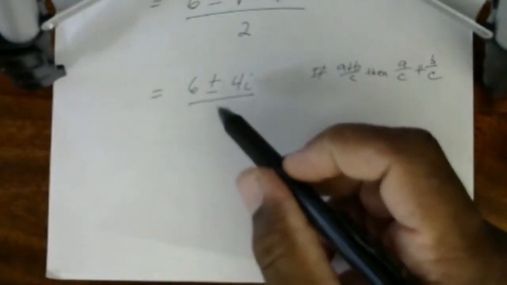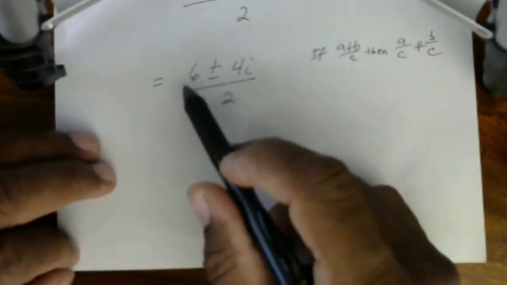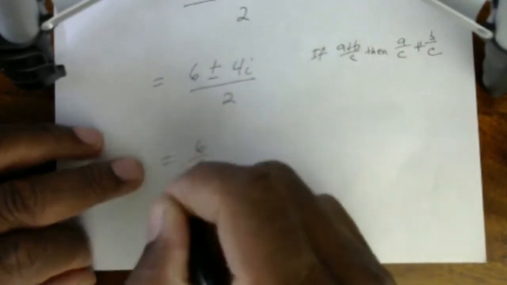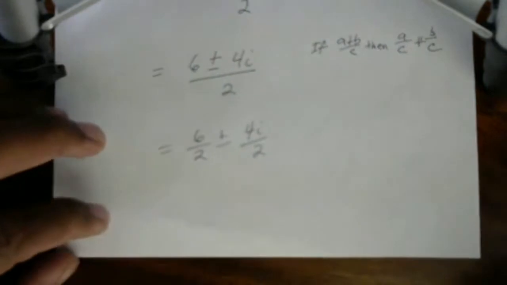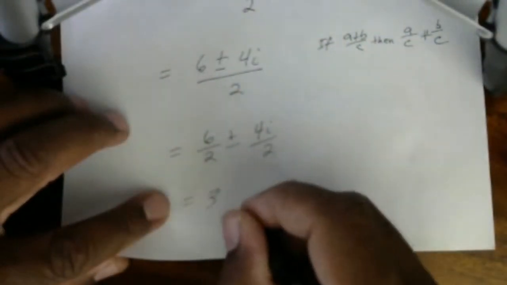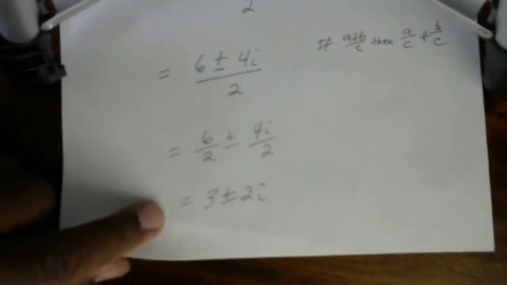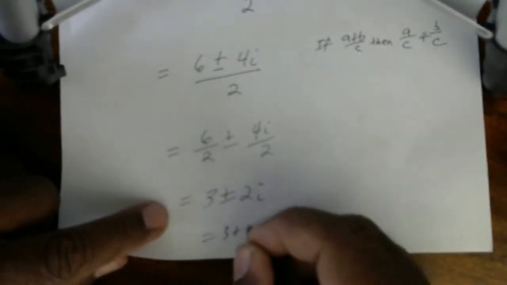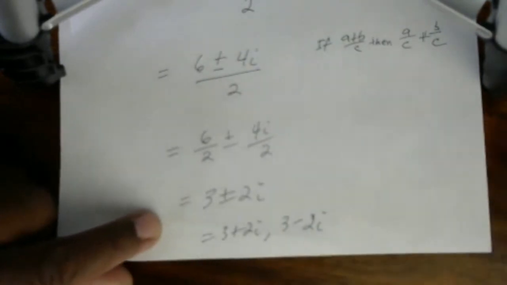Which means that before I cancel anything, I want to rewrite this denominator as a denominator for every term in the numerator. So I'm going to write this out as 6 divided by 2 plus or minus 4i divided by 2, which gives us 3 plus or minus 2i. So my two solutions are 3 plus 2i and 3 minus 2i.